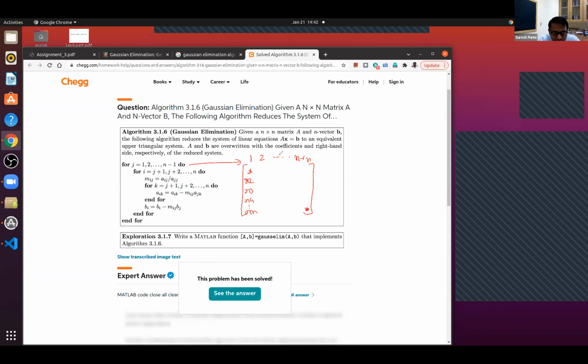And similarly, in general, if you are in the jth column, we have to work from row j plus 1 onwards, right? Because when we come to row 2, the submatrix that we have to consider is this. And when we come to row 3, the submatrix that we have to consider is this. When we are here, the submatrix that we have to consider is this.